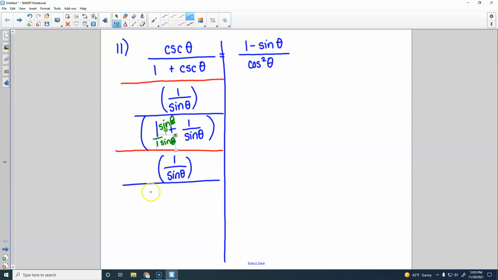So, this is going to give you sine theta plus 1 over sine theta, because once I multiply and get that common denominator, I can just write everything over sine theta. Okay. Questions so far?